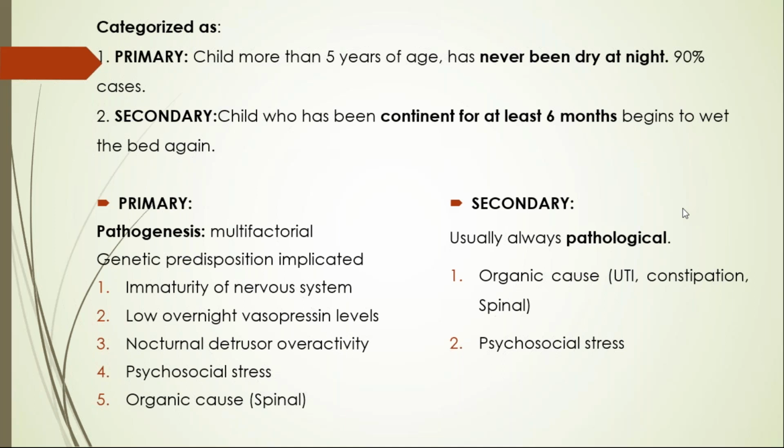Another important cause here is psychological stress. Especially in the age group we defined, it occurs in children about 5-6 years of age, and maybe they have previously been continent or incontinent. Mostly psychological stress occurs when the child feels that, for example, there is a younger sibling's birth, and the child feels that the younger sibling is getting more importance.